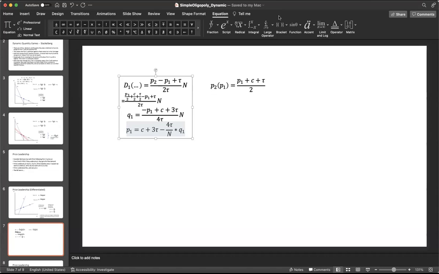Let's resume. Once you have the indirect demand function here, as derived from above by inserting the reaction function of firm 2, you will get an indirect demand function that incorporates that.